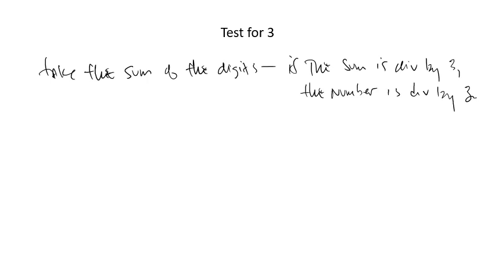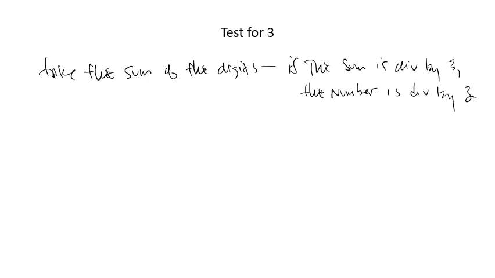This is an iterative process, and by that I mean we could take the sum of the digits, and then if that sum we don't want to test, we could do the same test on that sum of the digits. Whatever number we get by taking that sum, we can take the sum of those digits, then the sum of those digits, and you can keep going until you get down to a single digit number, and then you'll know whether or not it is divisible by 3. So you can continue this process if that's something that you feel inclined to do.